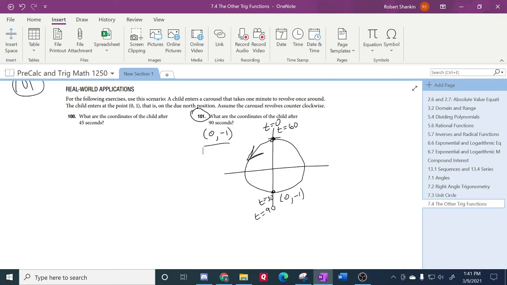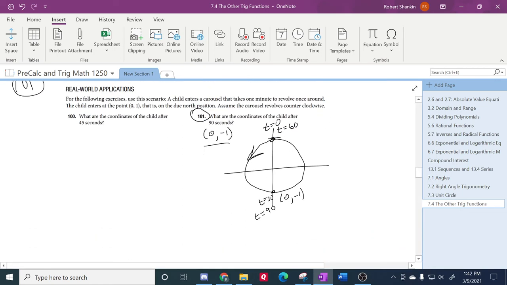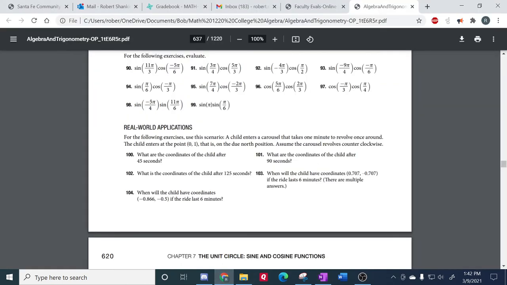So what page and what number? I'm sorry.